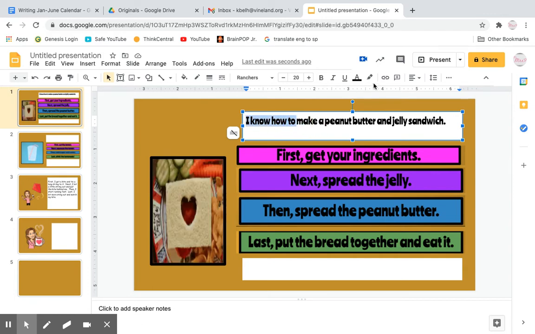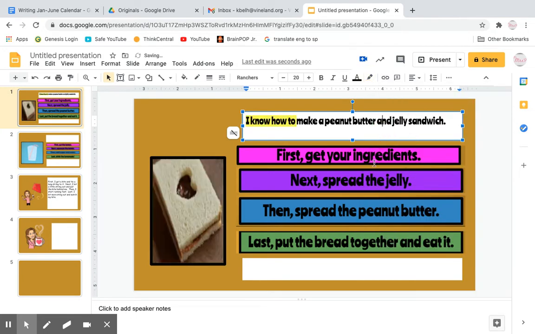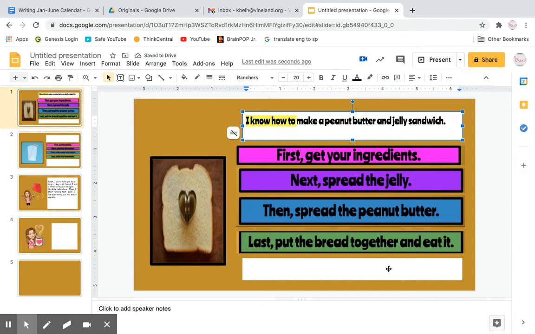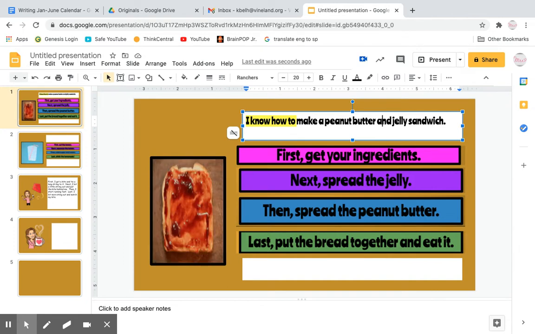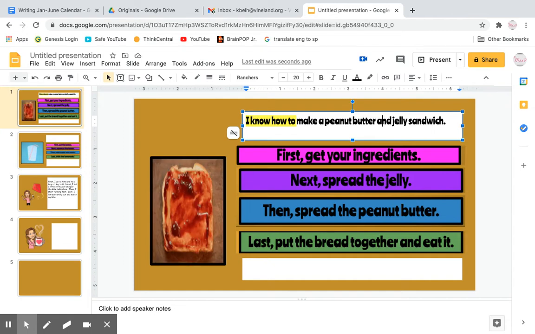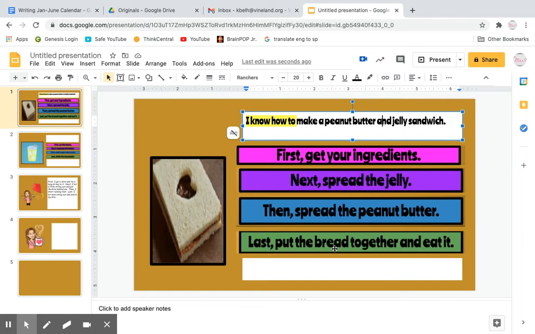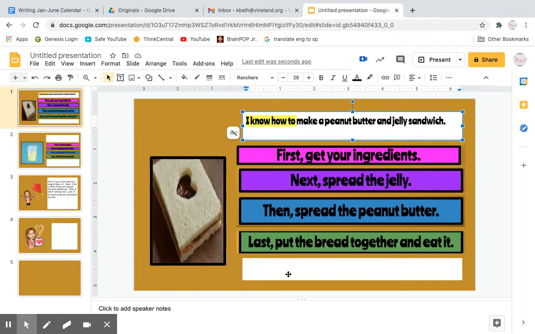Do you see those words? I know how to. Highlight them. I know how to, and then tell your audience what it is that you know how to do. Maybe it's I know how to put on my jacket. Okay? And then you go into the steps. So it just lets them know, hey, this is what I'm going to be telling you about.